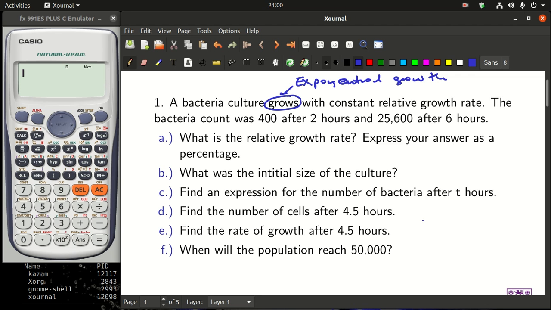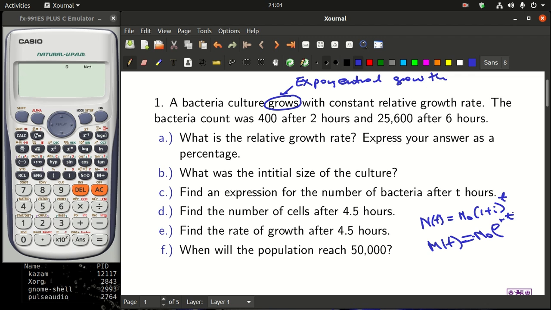One equation is N(t) equals N0 times (1 plus i) raised to t. The second one is N(t) equals N0 e raised to rt, where r is a constant relative growth rate.